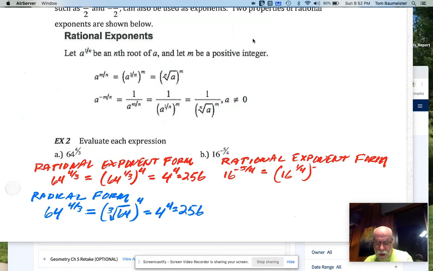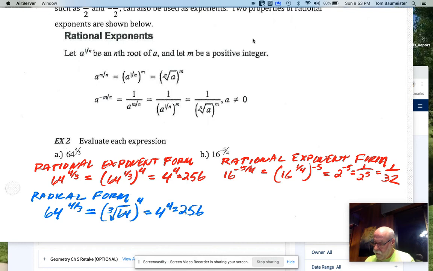Notice how I left the negative on the outside there. The 4th root of 16 is 2. So now I have 2 raised to the -5th power. Remember, I should bring it down like that, and I'll get 1/32.